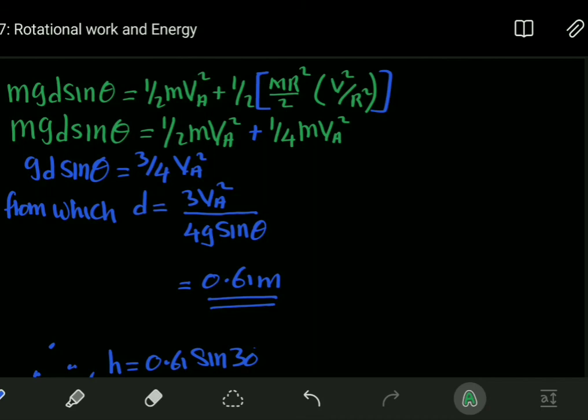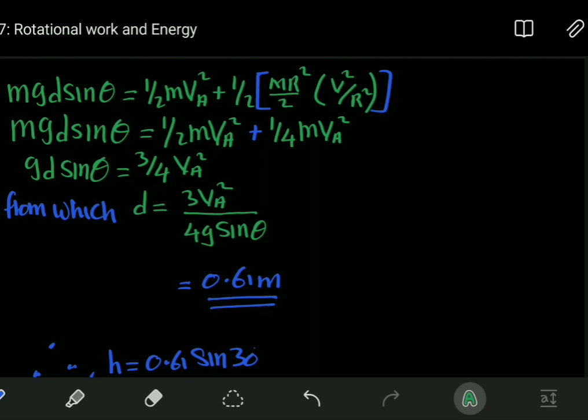Therefore we have g d sine theta. Notice the mass also is going to cancel out, so we have g d sine theta equals 3/4 v_a squared. Okay, from which we can obtain an expression for d, which is the distance, as d equals 3 v_a squared over 4g sine theta.